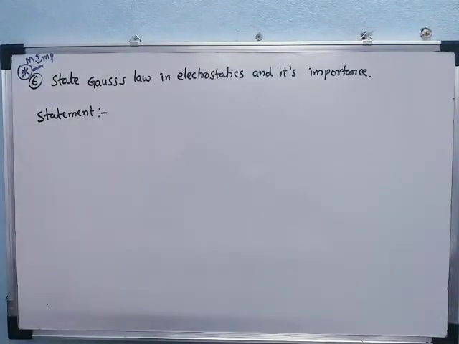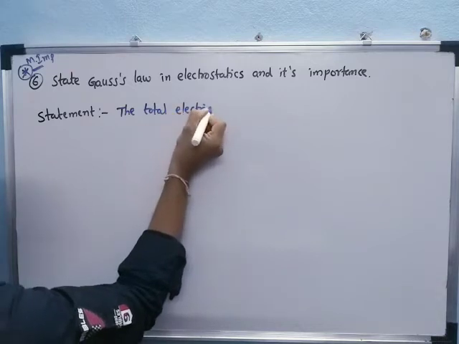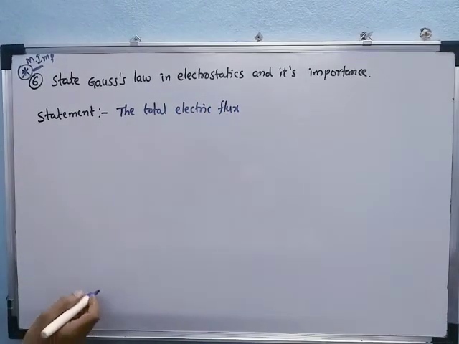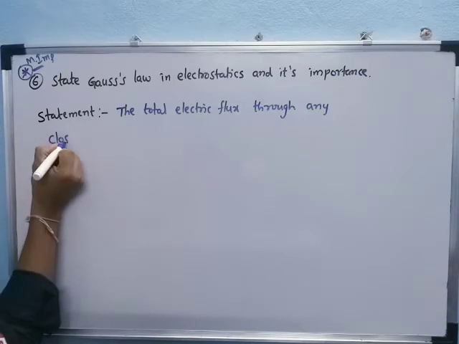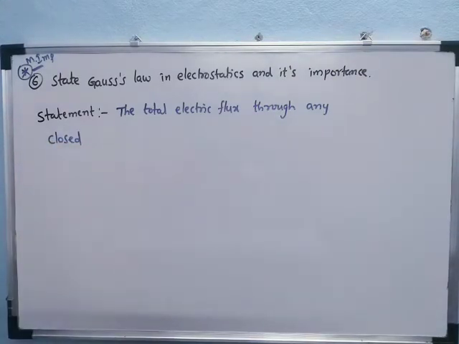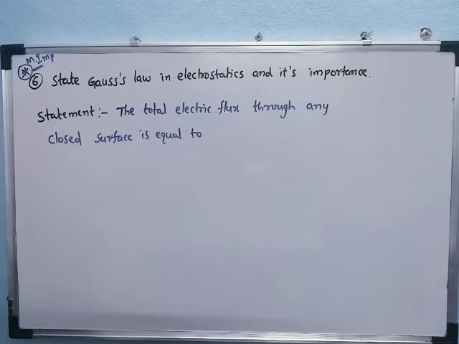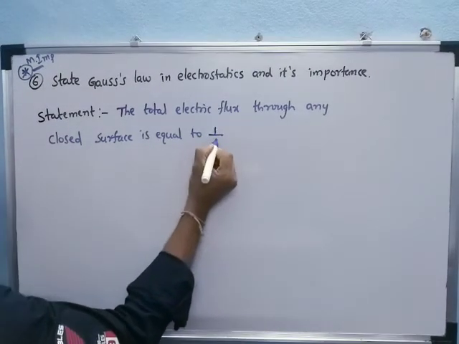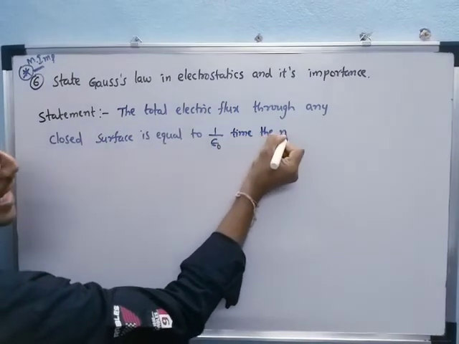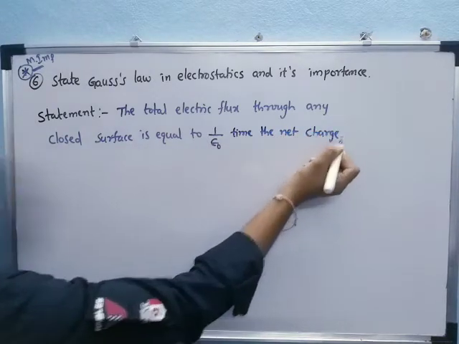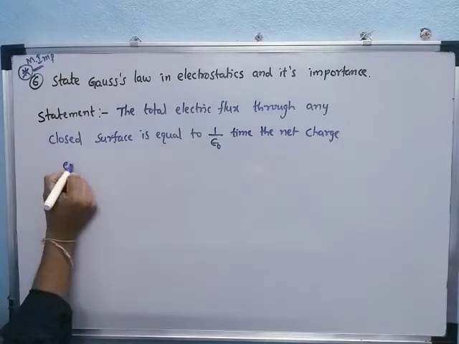The statement: the total electric flux through any closed surface is equal to 1 by epsilon naught times the net charge enclosed by the surface. This is called Gauss law.